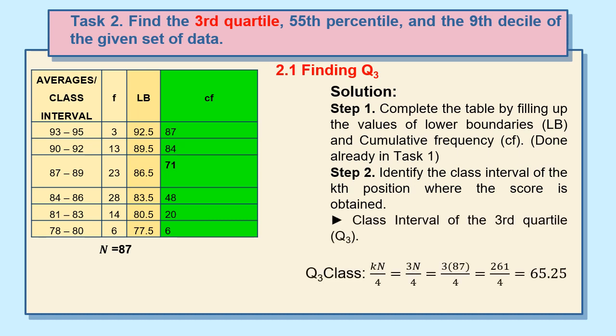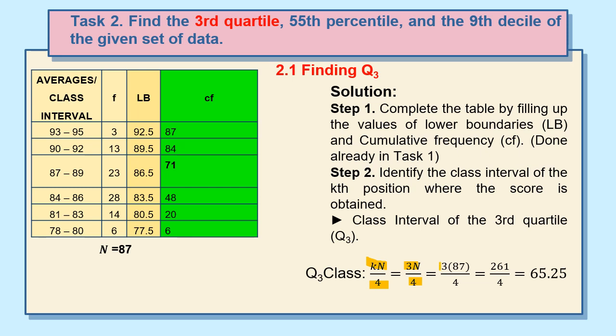Identify the class interval of the kth position where the score is obtained. So to find the class interval for the third quartile, we will use the formula Kn over 4. We have our K as 3 because it is the third quartile or Q sub 3, and we have the denominator 4 because it is a quartile. We have our n, 87.